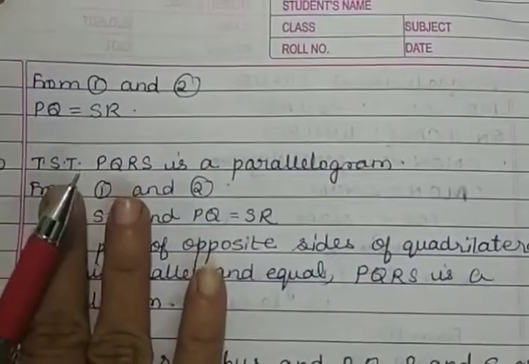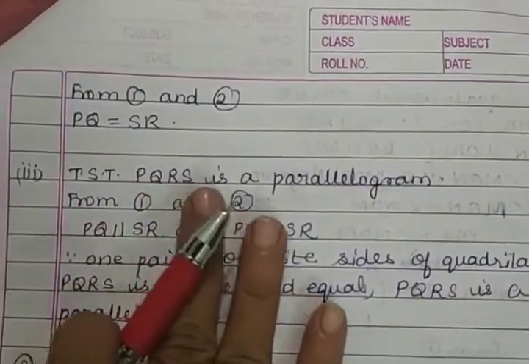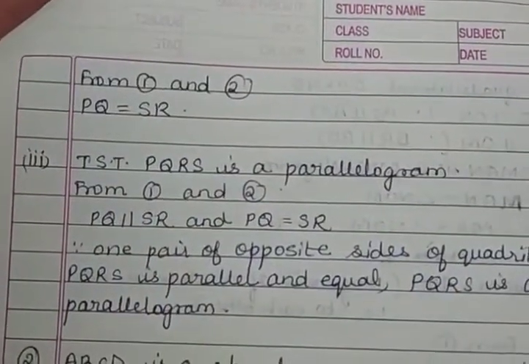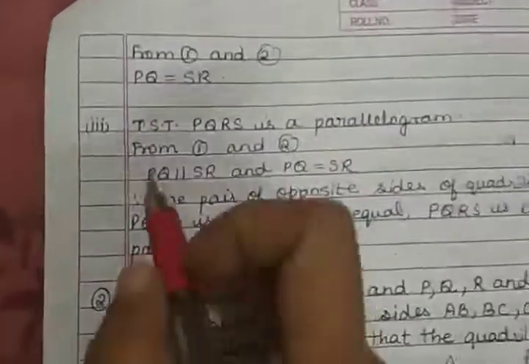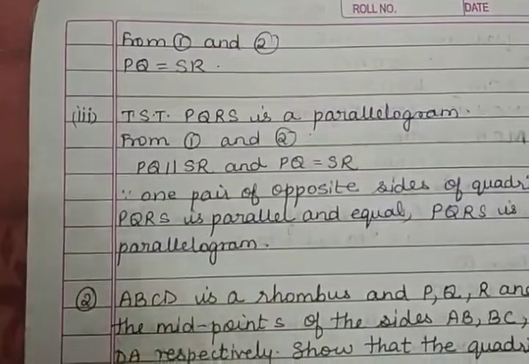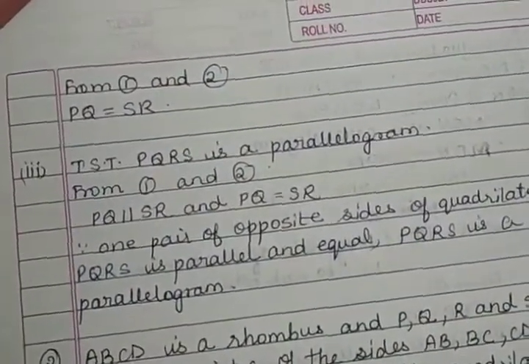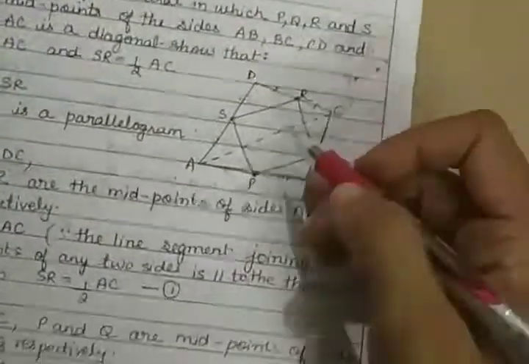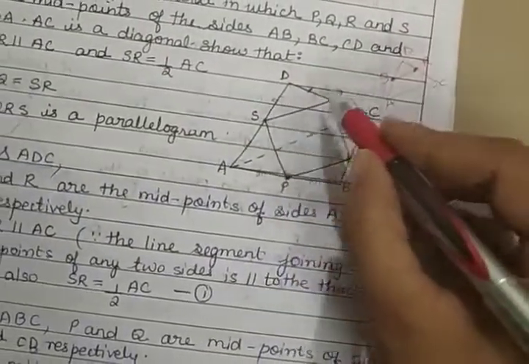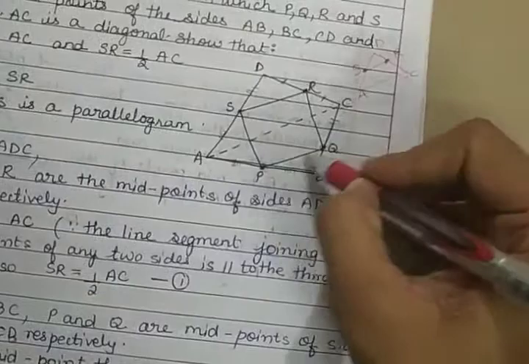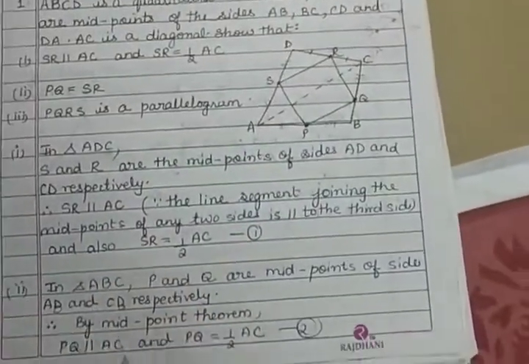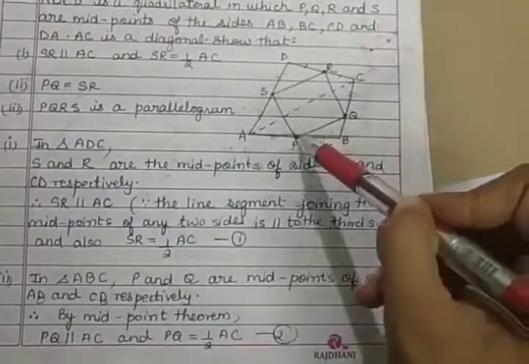The third condition is we have to show that PQRS is a parallelogram. From the first condition we saw that PQ is parallel to SR. What is the reason?